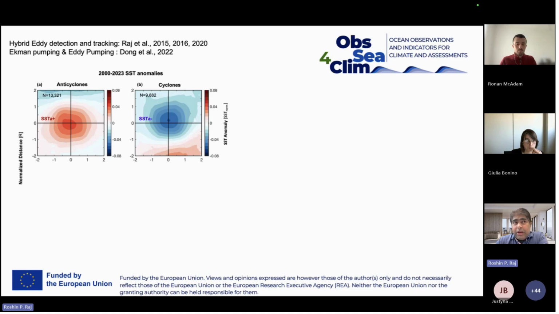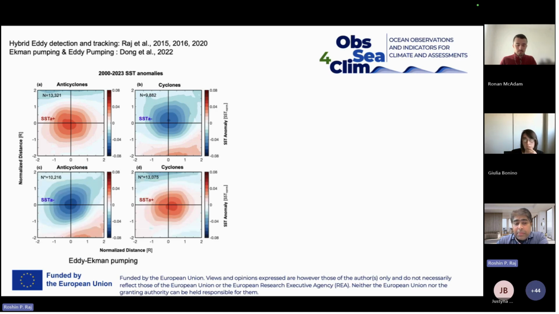This is the case when we only consider the eddy pumping mechanism. When the wind acts and the Ekman eddy pumping mechanism acts, the anticyclones and cyclones behave oppositely. As you see in the lower panel, we have cold core anticyclonic eddies and warm core cyclonic eddies. This is due to the divergence that happens when we have an impact of the wind, and it is called eddy Ekman pumping.